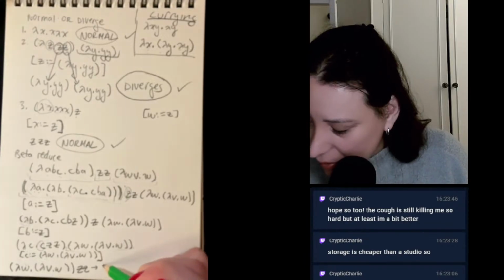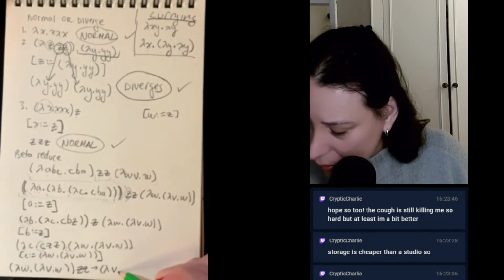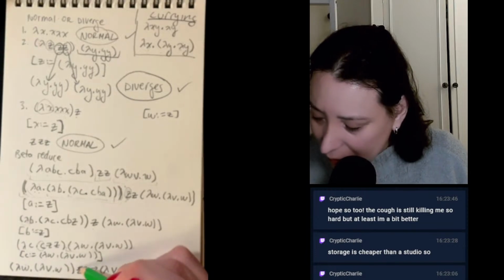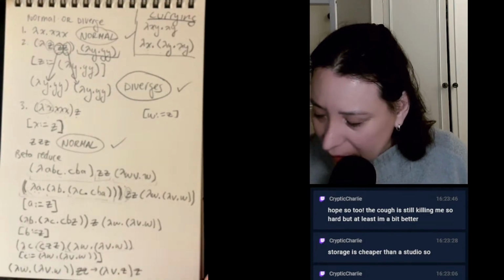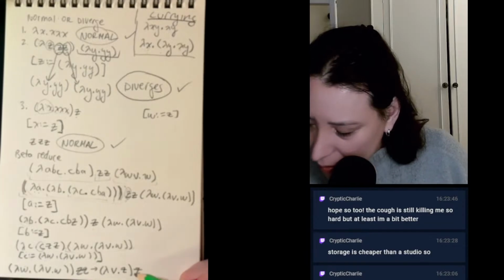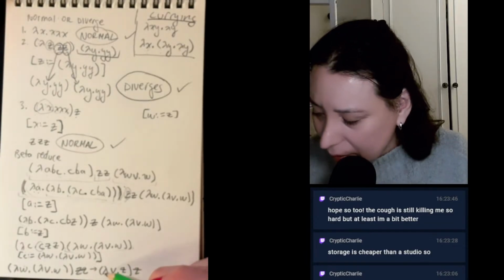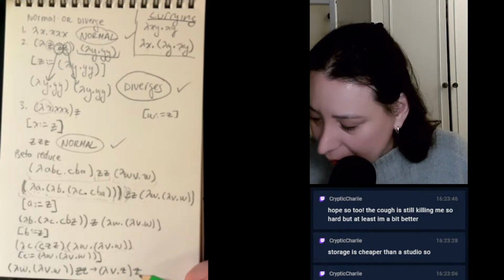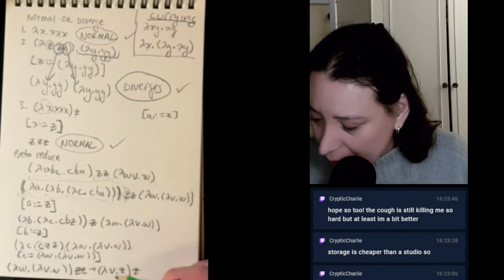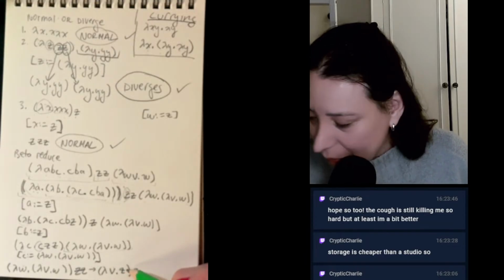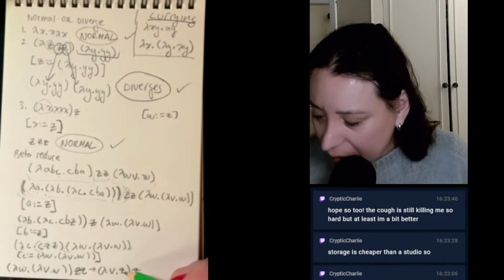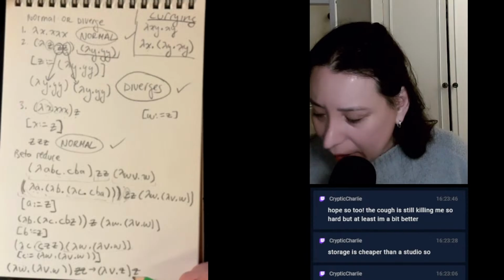So this turns into lambda V dot Z, Z, because we got rid of this Z, we applied the function to it. So now we have this lambda V Z, and we can apply Z as V. However, Z here is a free variable, so this function's going to always return Z no matter what is given to it.